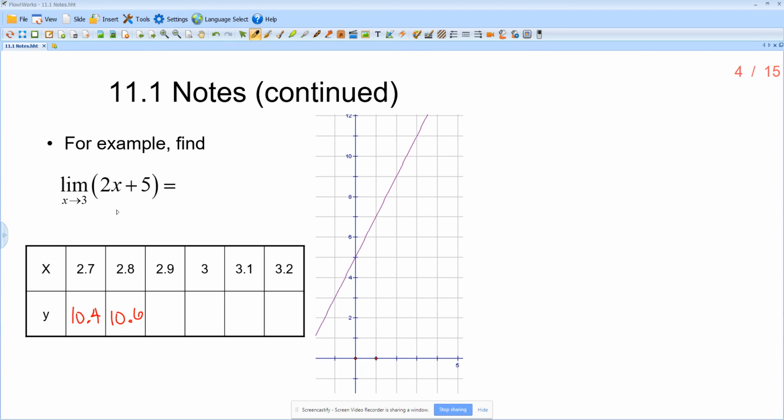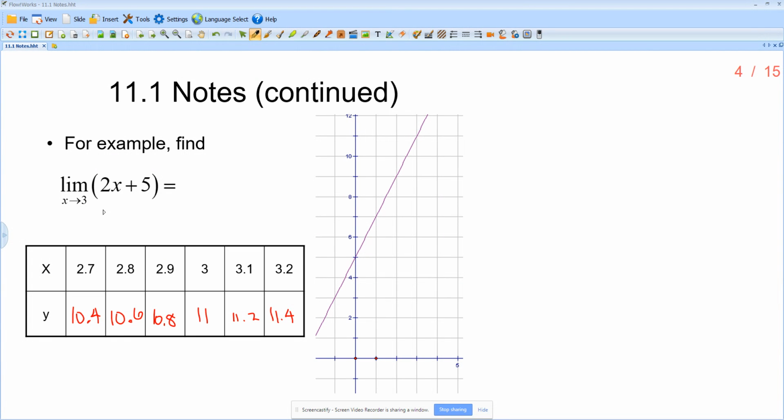If I substituted in 2.9, I would get 10.8. If I substituted, now just working from the right side of it, 3.2, that would give me 11.4. If I substitute 3.1, that would give me 11.2. And if I substituted in what the limit was, I would get 11.